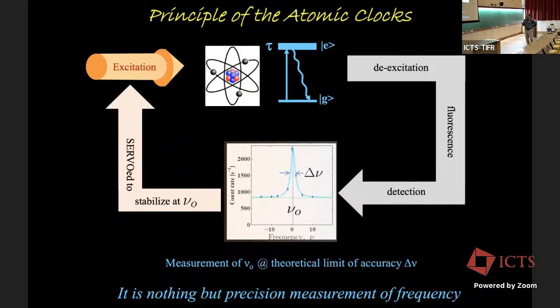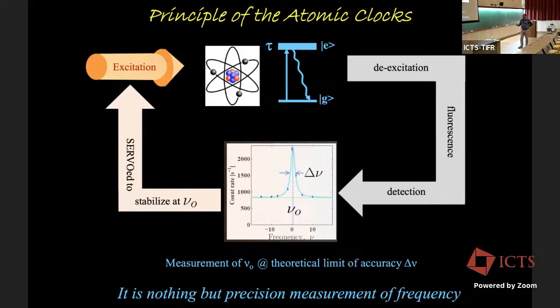Now, if you change the frequency of this exciter across the resonance, you will get a line shape, which is a Lorentzian line shape. If you measure this line shape, practically you have two pieces of information.